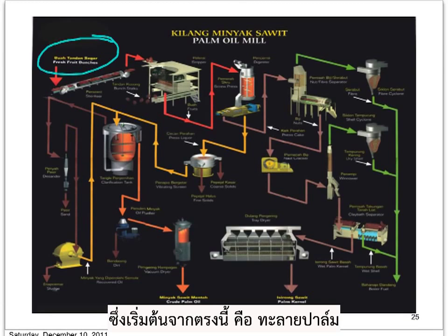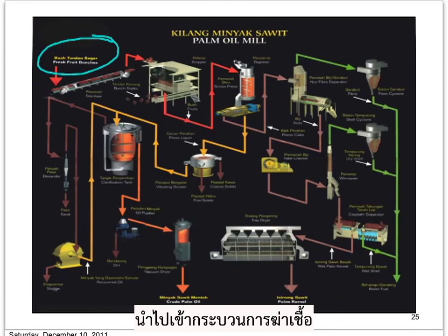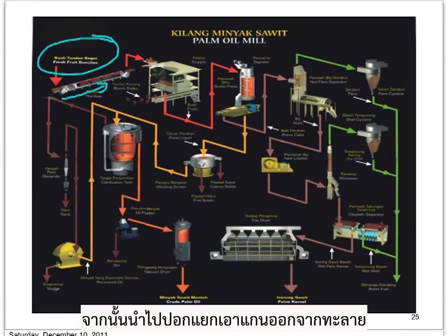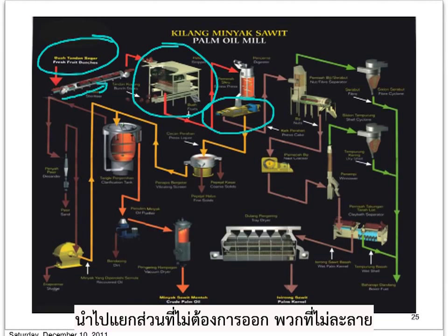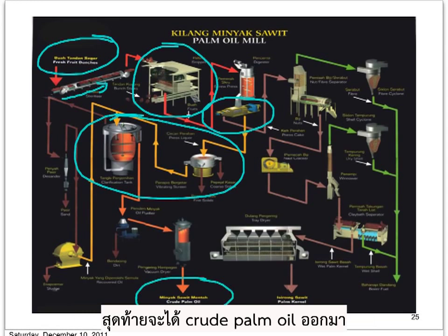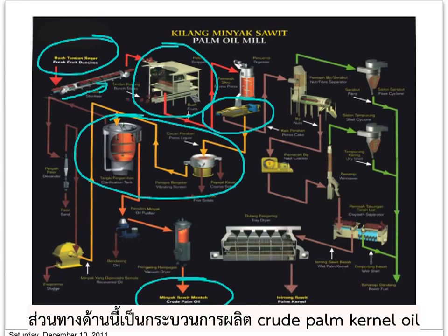This is where the FFB or the fresh fruit bunch goes in through the sterilizer, then the stripping process to remove the fruitlets from the fruit bunch, then the extraction process here, clarification process to remove the sediments and other undesirable components in the crude oil, and finally we get the crude palm oil. And on this part here, this is actually the process to produce the crude palm kernel oil.